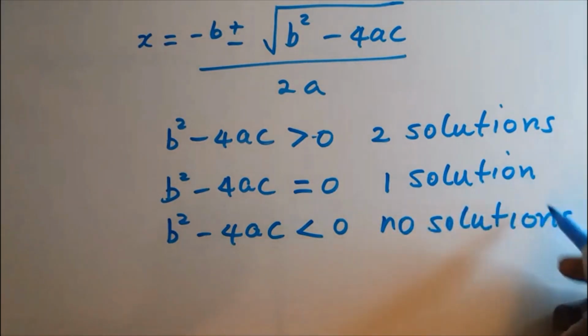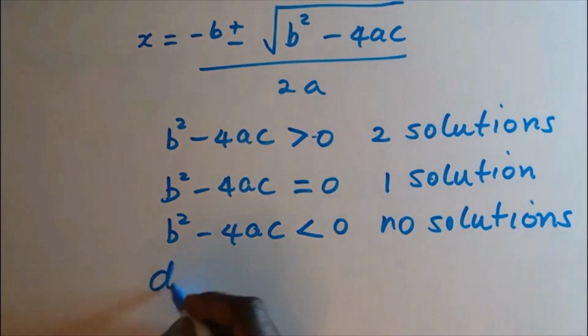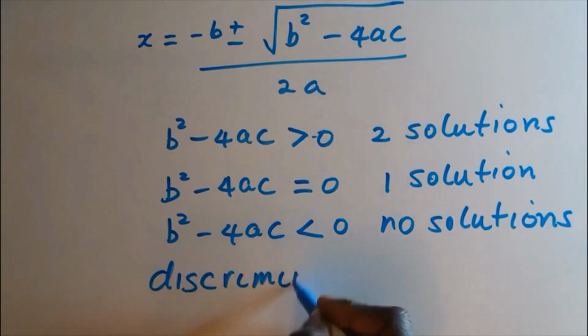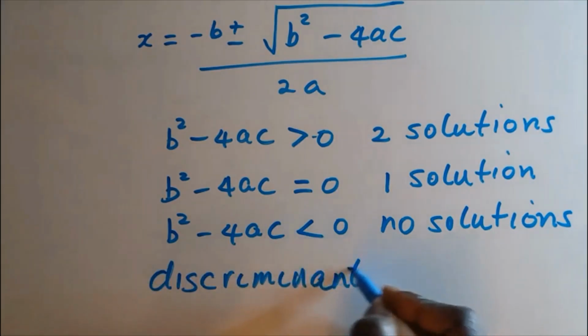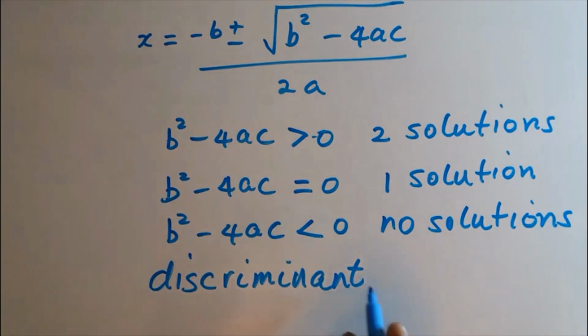So before trying to factorize a quadratic equation, you could do a check on what's called a discriminant, and this will give you an idea of how many solutions, or if there are any solutions.